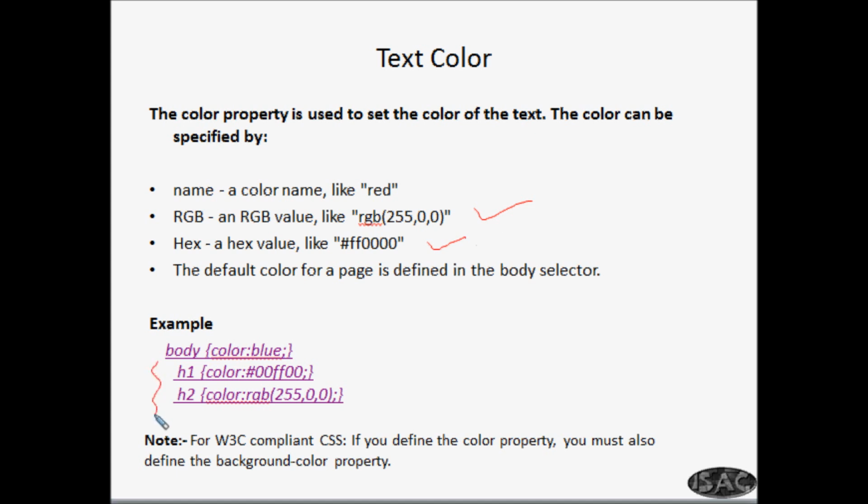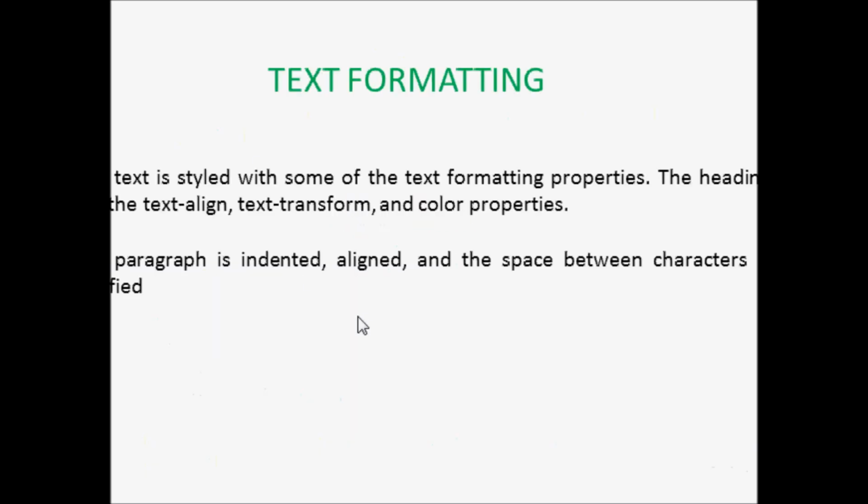If someone writes H1, H2 here, the color will be this, and for H2 the color will be this. So 255 means it is just red color, right? Rest, green and blue, will not be there. So we can use this kind of thing. You want to see this example here, the color of H1 and H2 here.